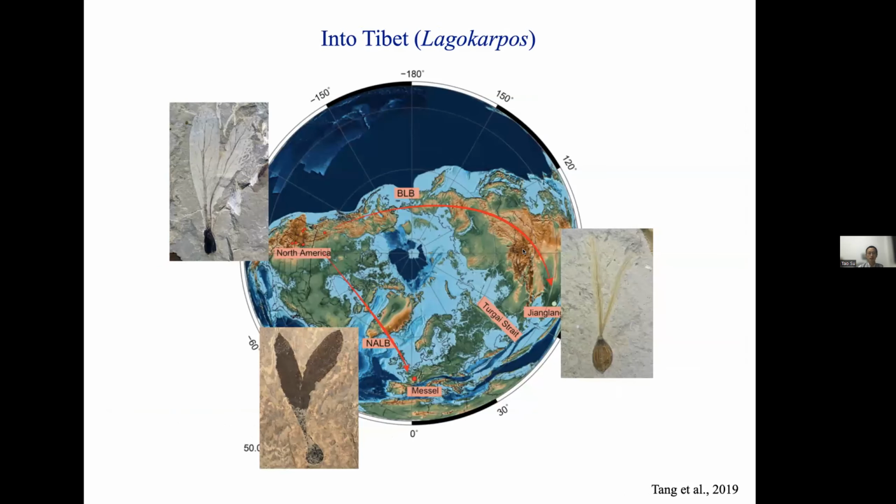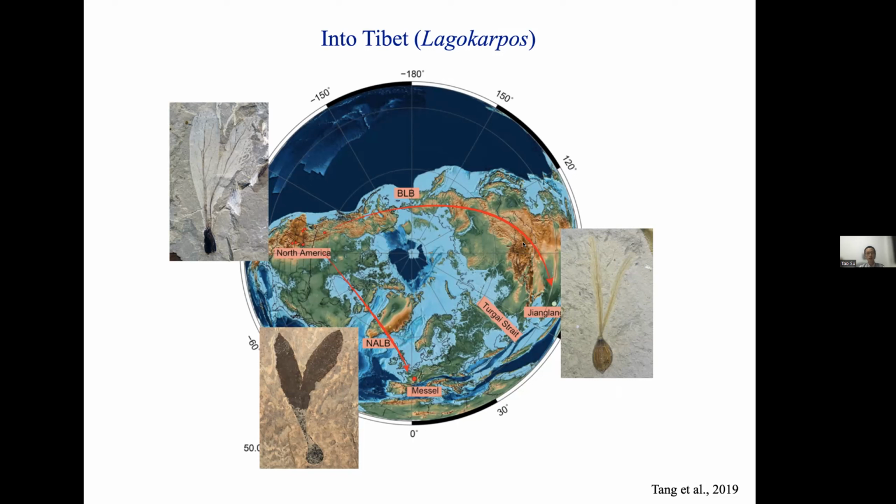There is another interesting group, Lagokarpos. You see this kind of fossil is very interesting, very special. They have two bigger wings, and it's very similar to Dipterocarp, but actually they are not a Dipterocarp by the structure.